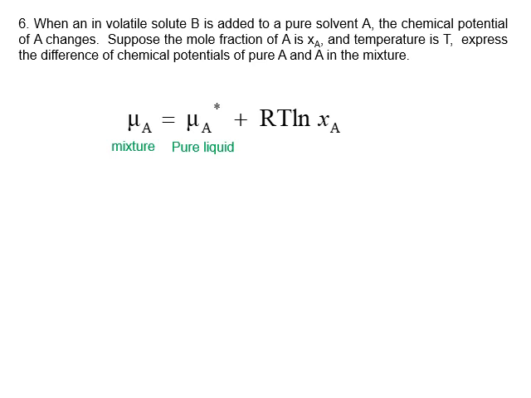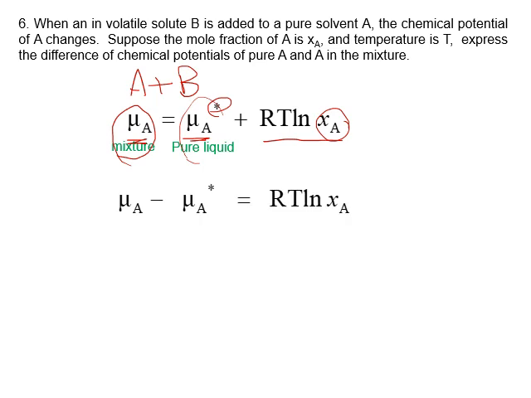So if you have a solution A plus B, the chemical potential of A in the mixture should equal the chemical potential of A when it's pure, that's pure A, plus RT ln XA. XA is the mole fraction in the mixture. So this is the A in the mixture, and this is A when it's pure. And we can rearrange: A in the mixture minus A when it's pure equals RT ln XA.